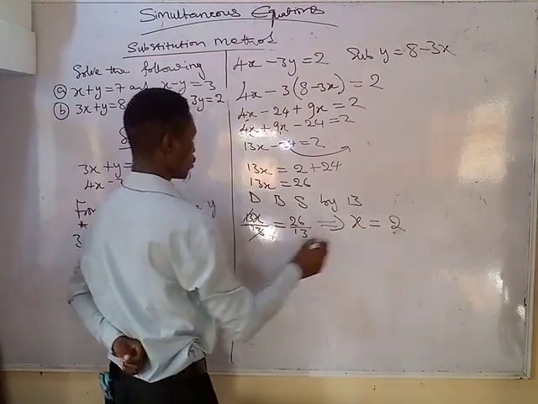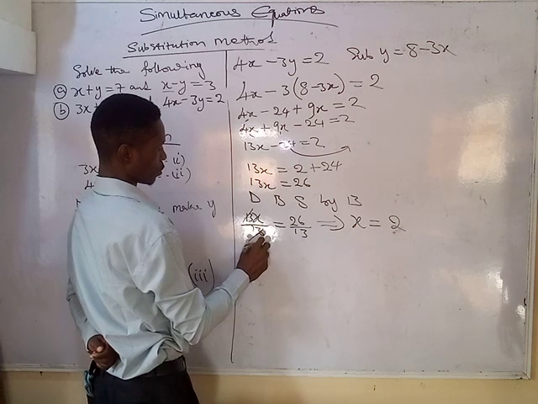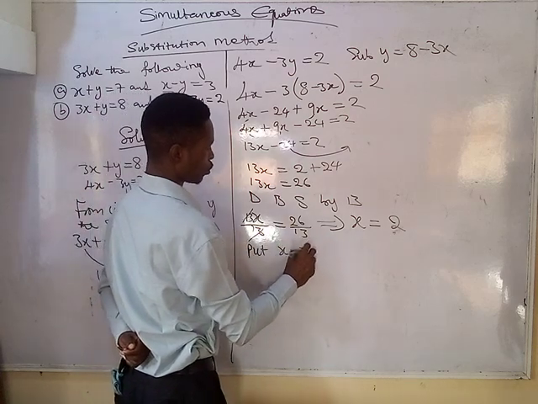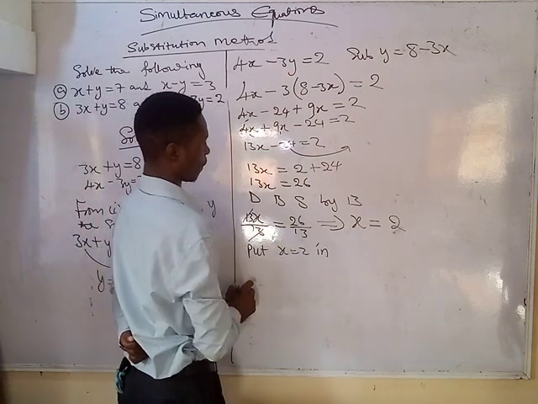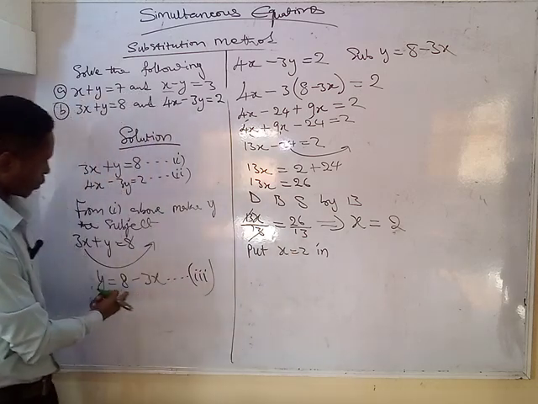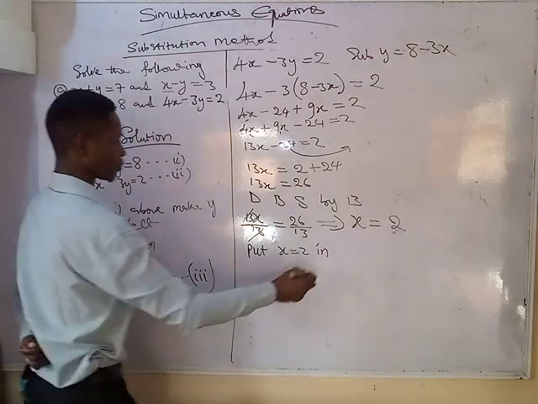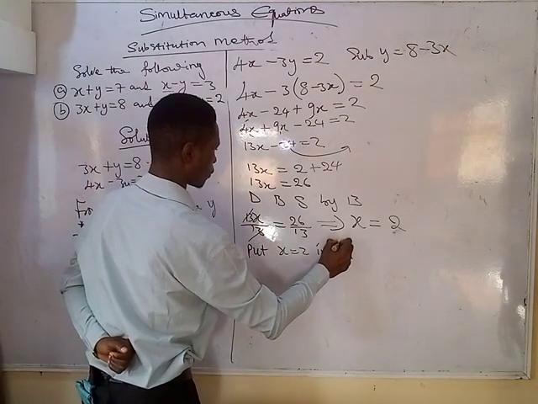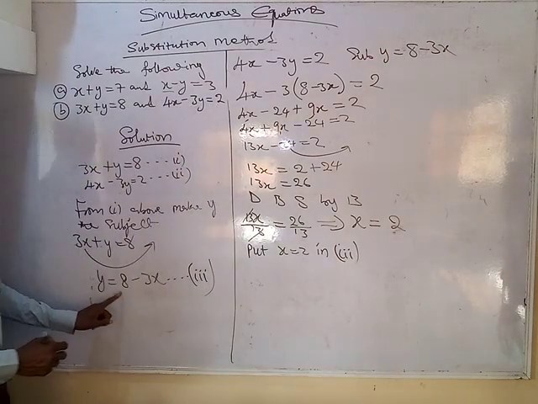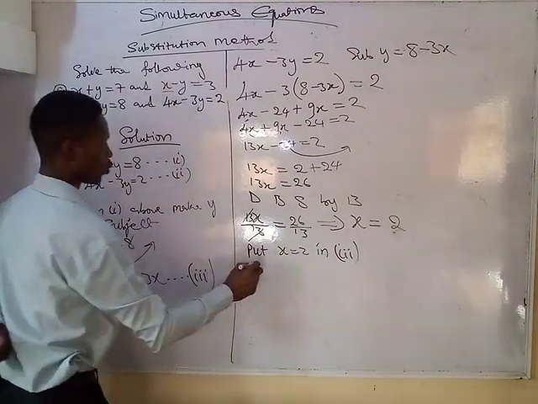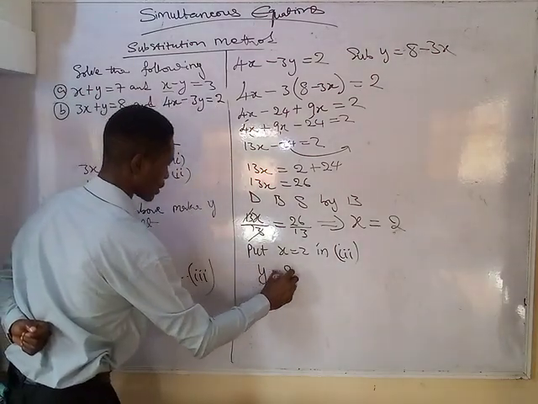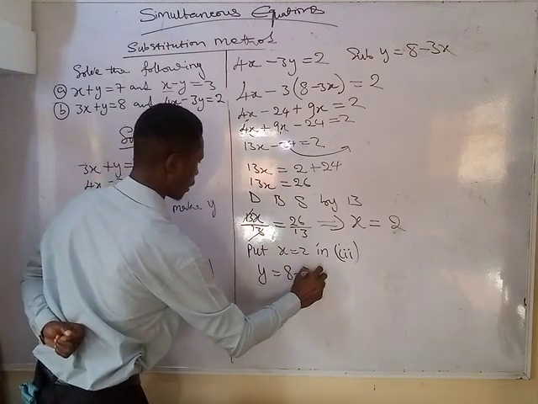Now we substitute. We say put x equals 2 in equation 3. So this is y equals 8 minus 3x.